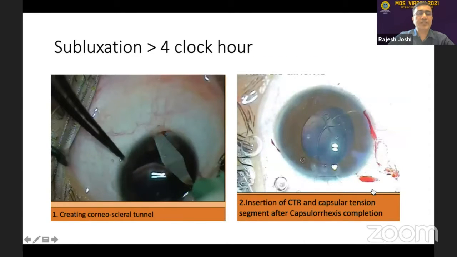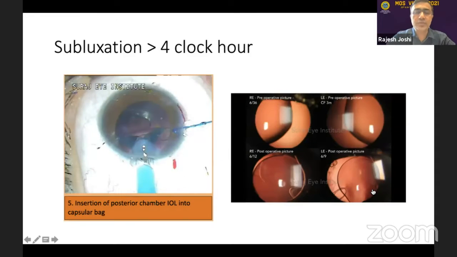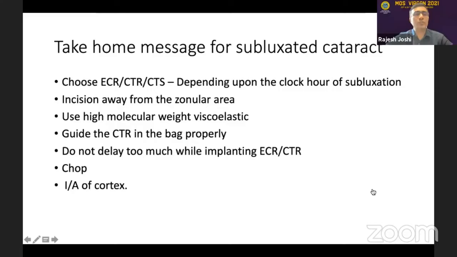If subluxation is more than 4 clock hours, it is always better to insert the Cionni ring, so as to have more support to the bag. And if the nucleus is soft, you can always aspirate with the help of a Simcoe cannula or whatever way you are comfortable with.